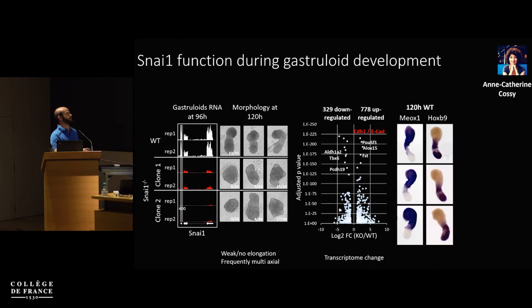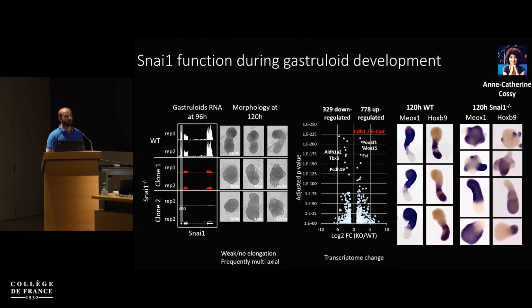When we look now at anterior-posterior organization in this structure, here we used MEOX1 as a marker of the anterior portion of the gastruloid, and HOXB9 as a marker of the posterior. But when you stain the Snail mutant with these two markers, you can see that sometimes MEOX1 is expressed in the central portions of the gastruloid, sometimes it's in protrusions, sometimes it's properly patterned.